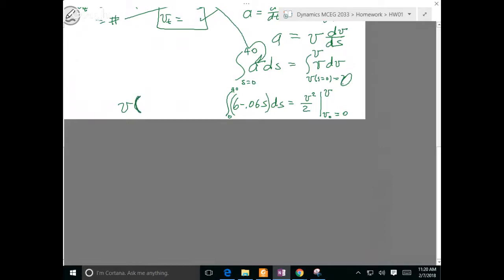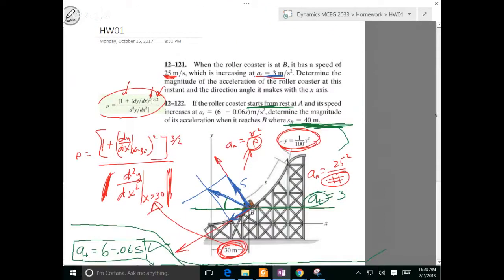You'll get the velocity at s equal 40. Then all you're doing is you're just shoving it back in here, just like you did right there. Instead of the 25, now you put that in there. That's all there is to it. It's a fairly simple problem. The annoyance is that thing.